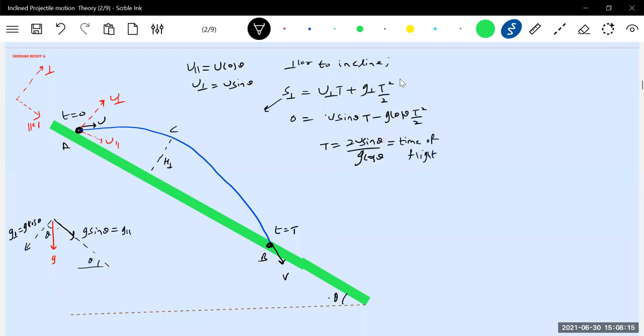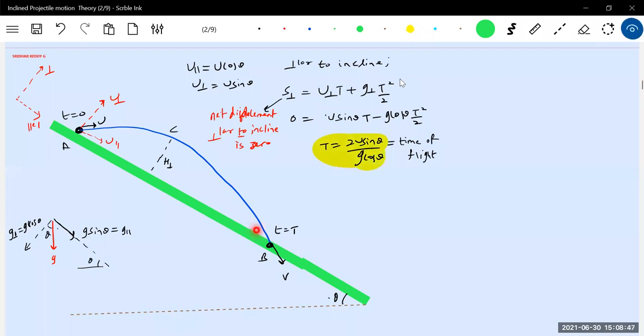I'll write the reason: the net displacement perpendicular to the incline is 0, since plus H perpendicular minus H perpendicular will be 0. Okay, I got the time of flight. Keep this in hand for after this.